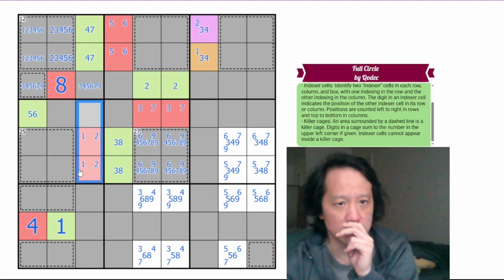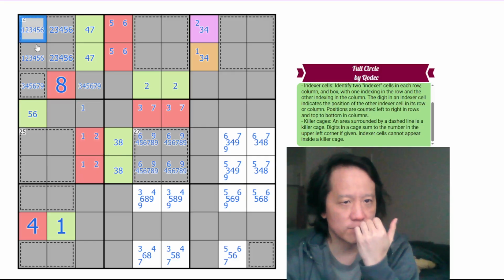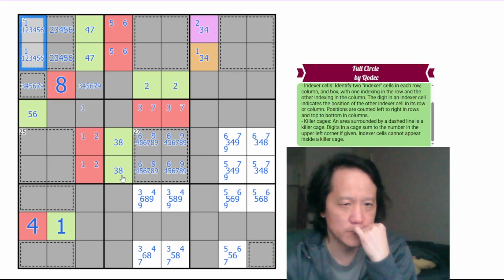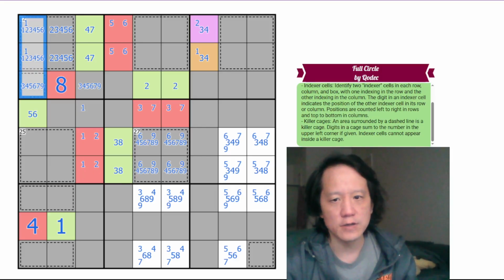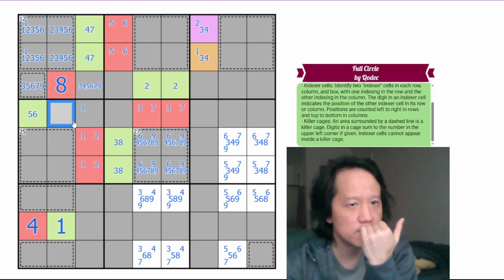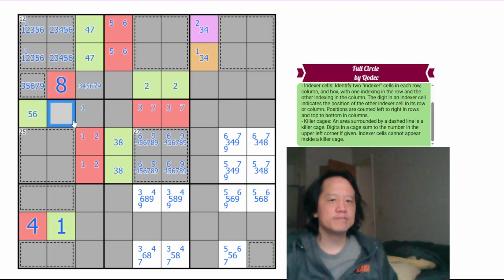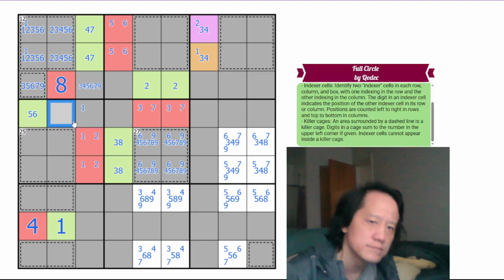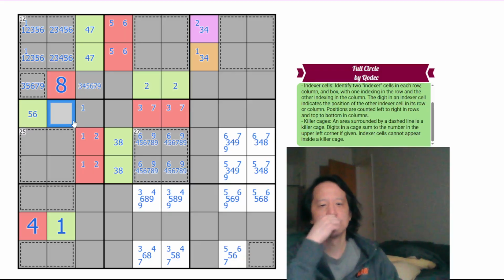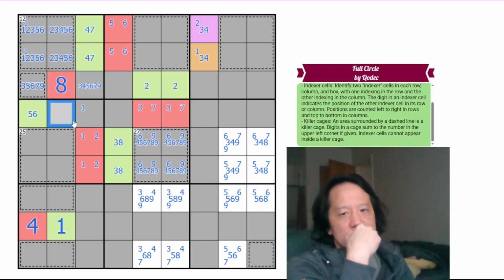We're guaranteed a 1 somewhere in column 1, 3 then. So 1 has to be one of these two. 4 cannot be any of these 3.